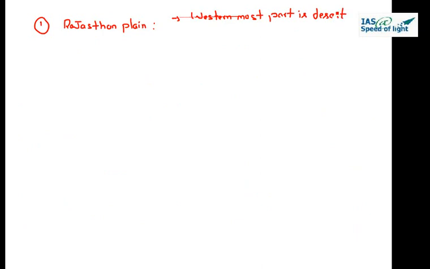So, the first division is the Rajasthan plain. The westernmost part, we know, is desert, which we also call the Marusthali, or the Thar Desert.